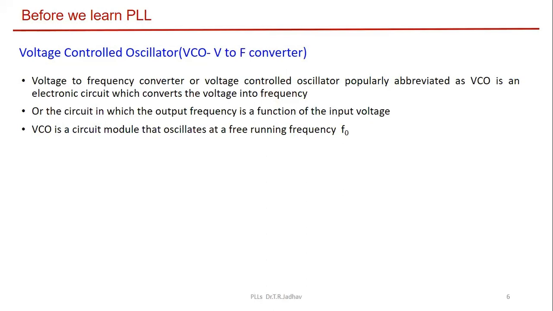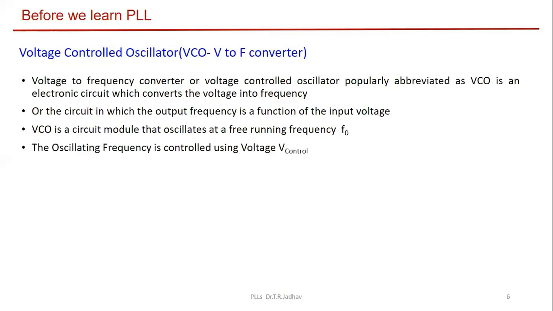So try to understand that when we don't give any external voltage, this VCO will be freely running. Freely running means it is freely oscillating with its own internal frequency, which is dependent upon its own R and C components. So that frequency is called the free running frequency F0.